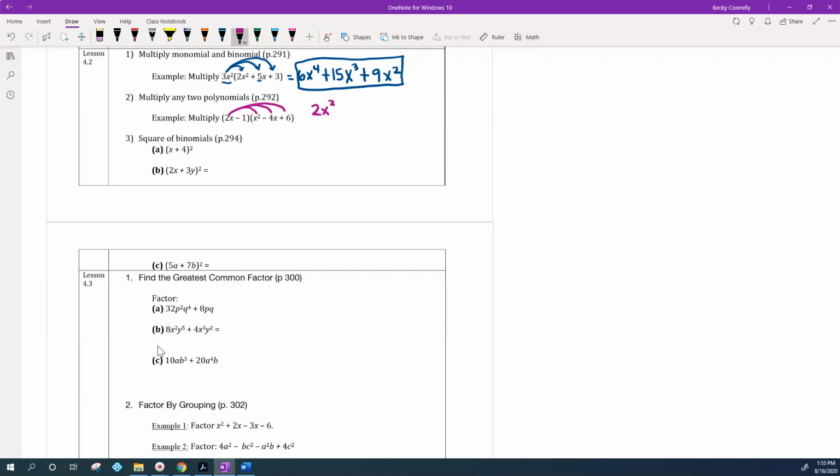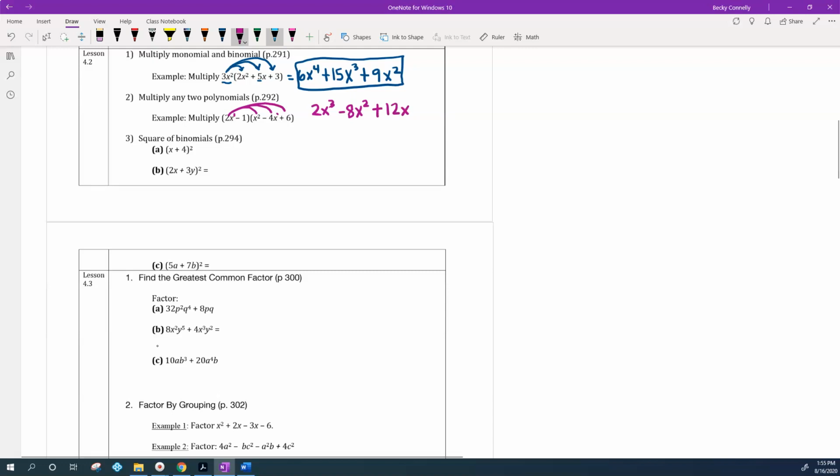Because remember, I'm adding those exponents together. 2x times negative 4x is negative 8x squared. All right, remember there's like invisible ones on these. All right, we're distributing those through and adding those exponents. And then 2x times 6 is going to give me a positive 12x.